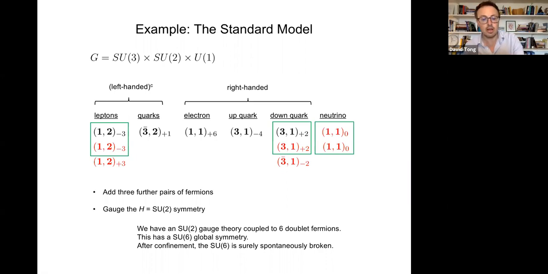And all evidence suggests that when this theory confines, the SU6 global symmetry gets spontaneously broken to SP3. I'm not good with SP groups, but I think it's SP3. That's bad, because embedded in this SU6 global symmetry is actually the standard model group that we care about.